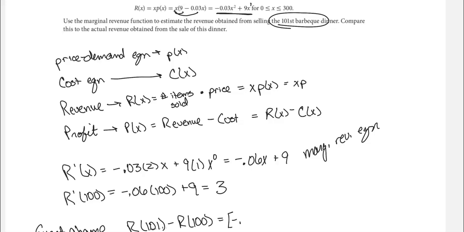So I have negative 0.03 times 101 squared plus 9 times 101. And then we're going to subtract. So this would be the revenue for producing 101 dinners. This is going to be the revenue for producing 100 dinners. And if I subtract it, I'll get the revenue for producing just the 101st dinner.